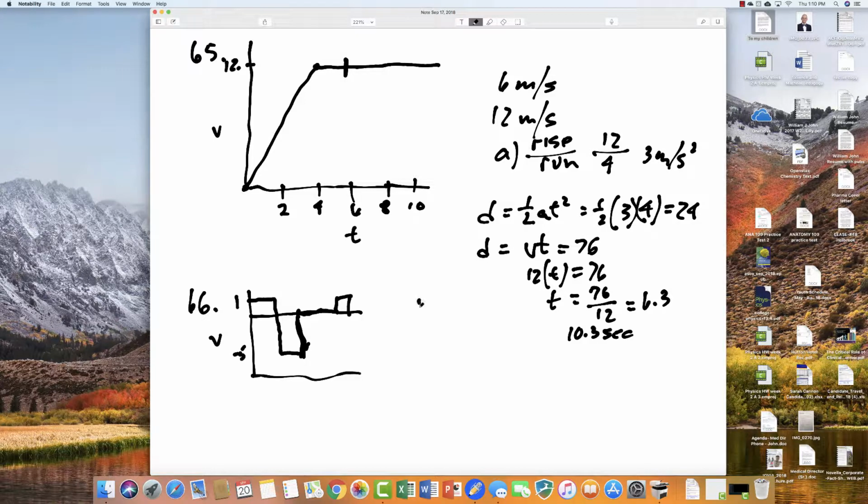Now the acceleration curve. If this is the 0 point again, you have no acceleration because it's flat for the first second, and then instantaneously you have a negative acceleration, going from 1 to -6.